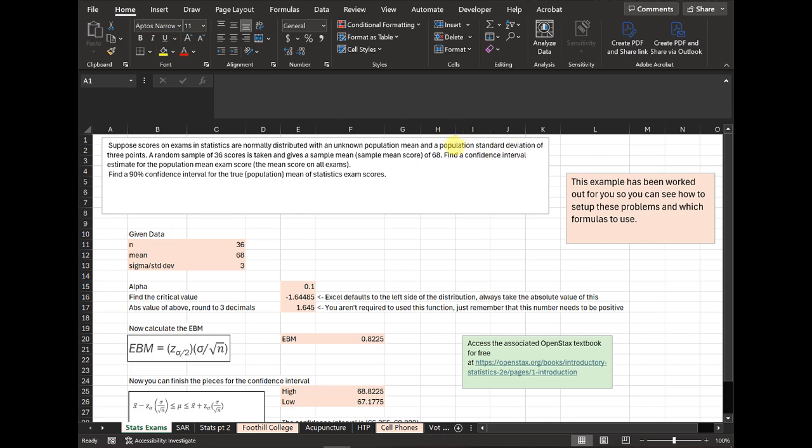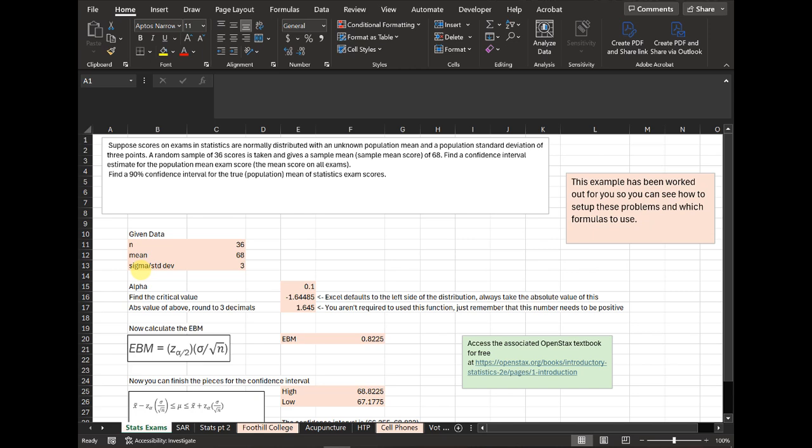So in this case, I have the population standard deviation, and you always want to get in the habit of, when you find that standard deviation, thinking in the back of your mind: are we talking about sigma or are we talking about S? This will matter more as we move through other tabs. So since it's population standard deviation, we have sigma. Okay, so that's our given data.